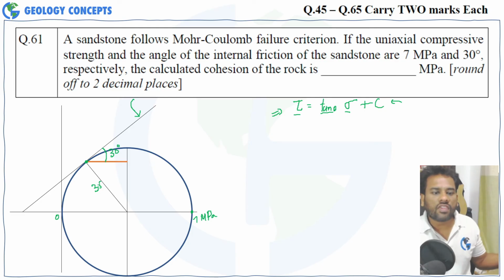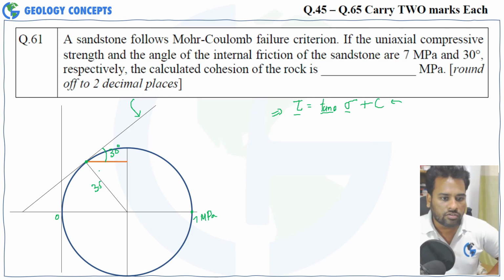Correct? Now if we try to solve for this point, this is a tangent and this is the radius, so this angle will be 90 degrees. This is 30, so this will be 60. Now if this is 60, this will be 30 and this will be 60, right? So this length and this length we are interested in.